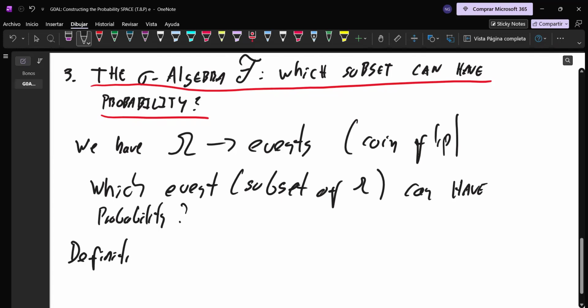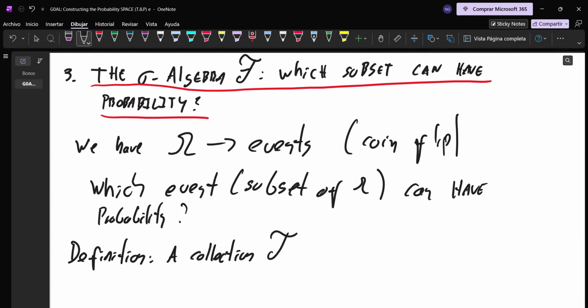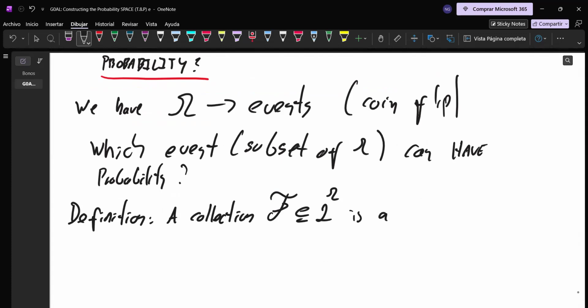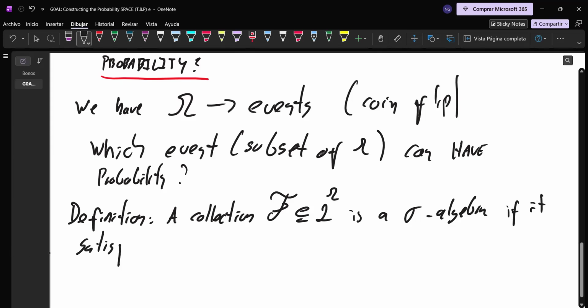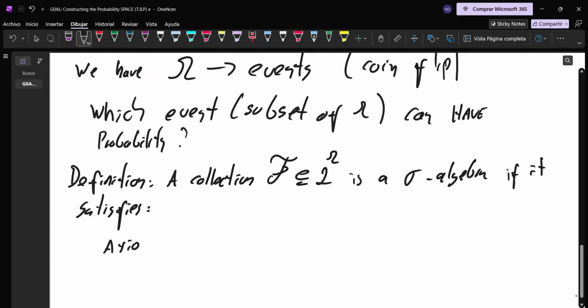So we need some definitions. Definition: a collection F, a subset of the power set of omega, is a sigma algebra if it satisfies these axioms. Axiom one: it contains the whole space.